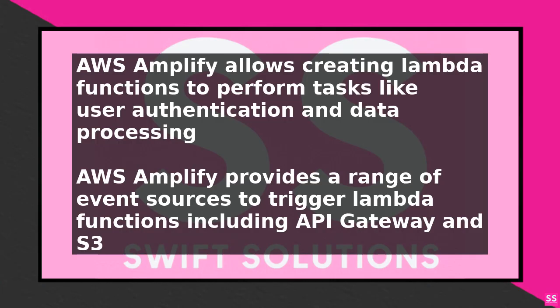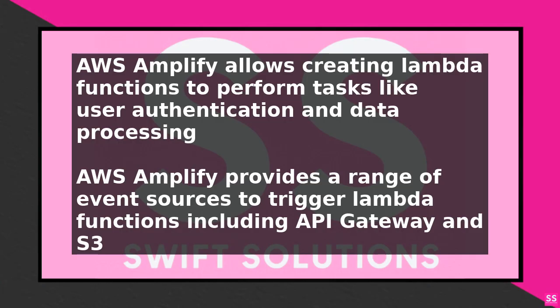AWS Amplify provides a range of event sources that you can use to trigger your Lambda functions, including API Gateway, S3, and DynamoDB.